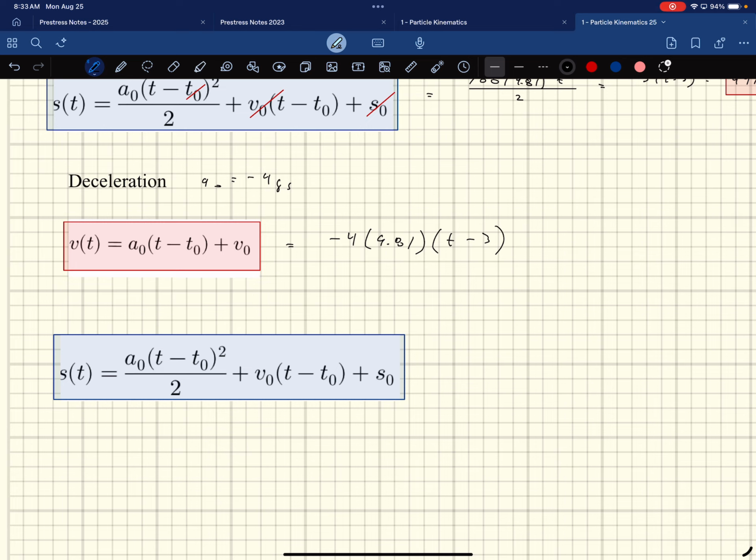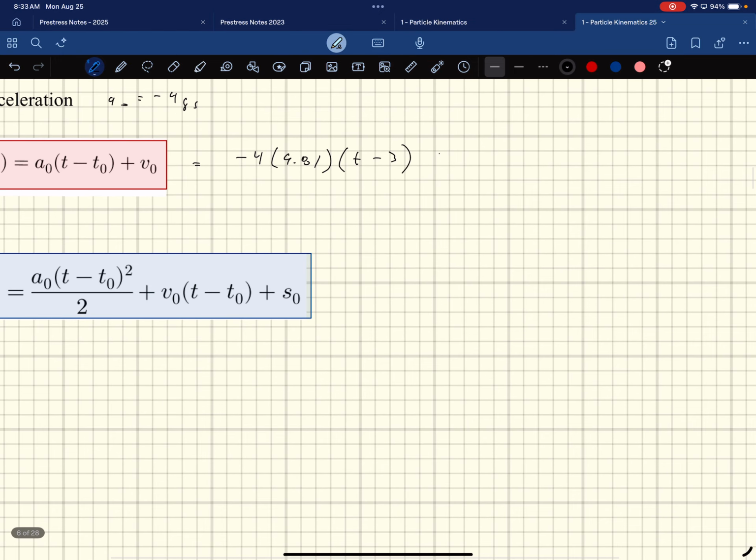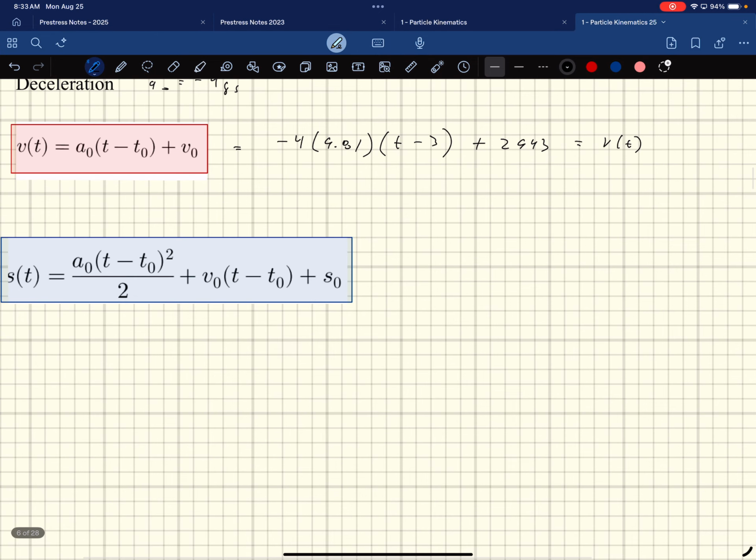It's usually easier just to put it here. 9.81 times (T minus 3), because that's my T naught, plus V naught. My V naught is my V from up above, which is 2943. Okay. And so what this is right here is velocity as a function of time. It doesn't ask us anything with velocity, but I need to know what my velocity is as a function of time.